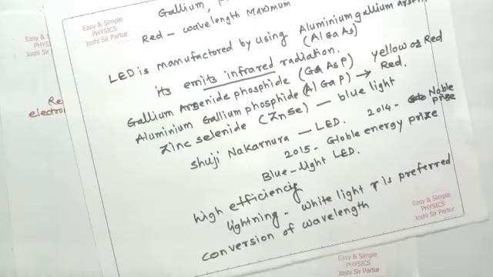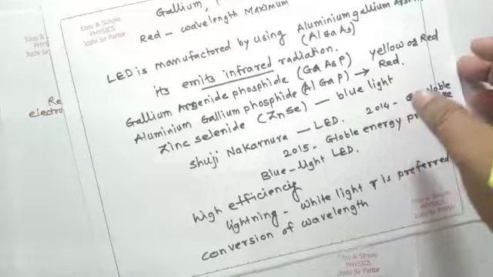An LED which emits blue color is used to excite a yellow phosphor, and this results in an emission of yellow and blue light. The mixture of blue and yellow light gives the appearance of white light. So this method is the least expensive method for producing white light.